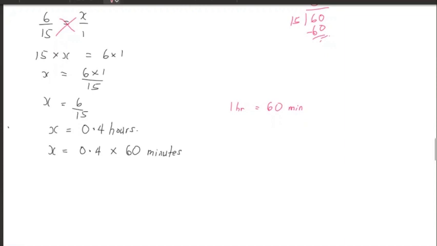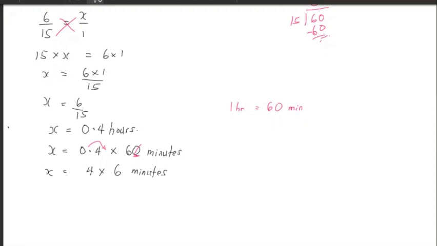Okay, so this is what happens. We have a 0 here, which is like a times 10. So this 0 will move the decimal point forward. So that takes out this 0. So now I have 4 times 6 minutes.